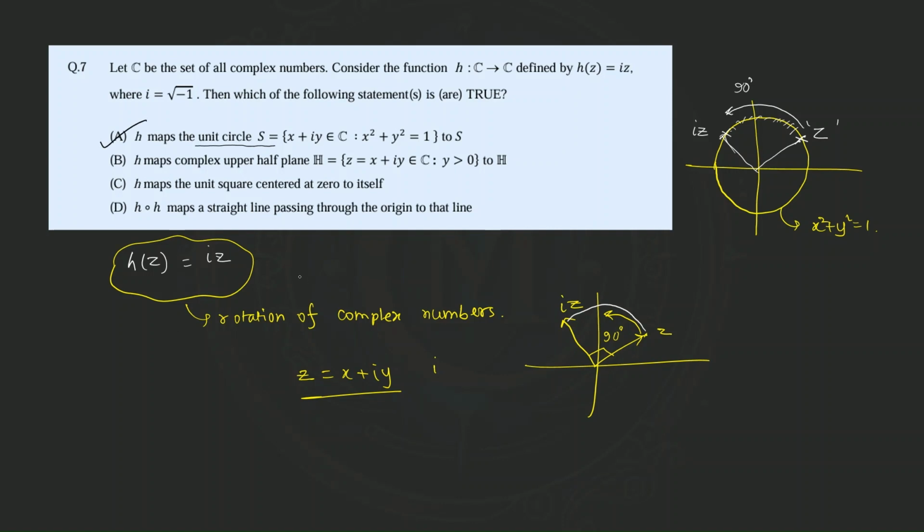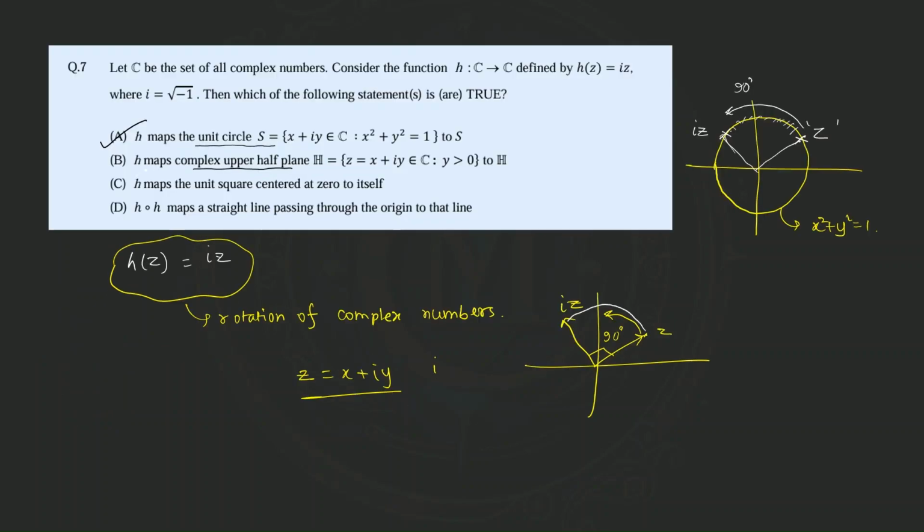Now let us check option B. h maps the complex upper half plane H, equal to z equal to x plus iota y such that y greater than 0. So we have this complex half plane, which is y greater than 0. If we multiply this plane by iota, we are rotating this plane by 90 degrees in the counterclockwise direction.